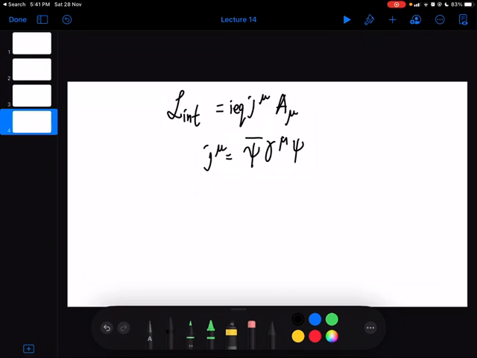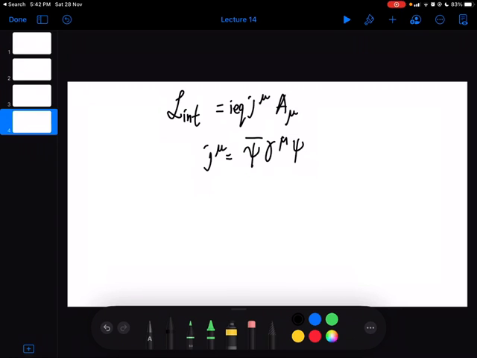So this is the only interaction term in electrodynamics, the only interaction term between the electron and photon. That's the only thing. Okay, so far so good.